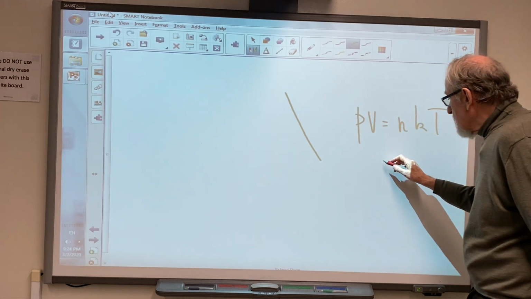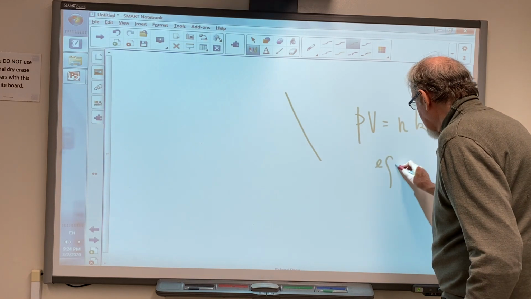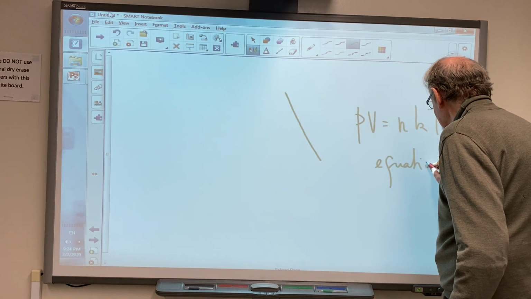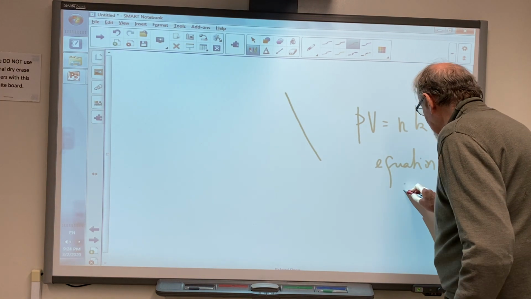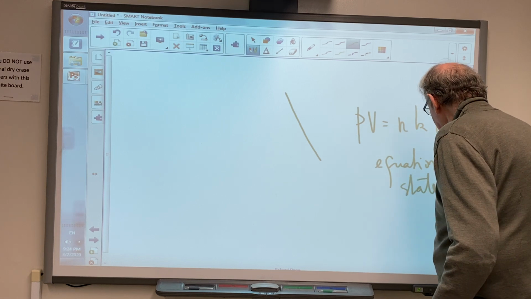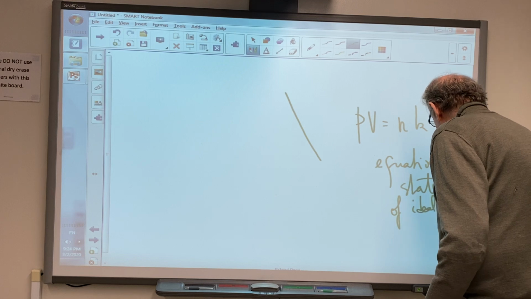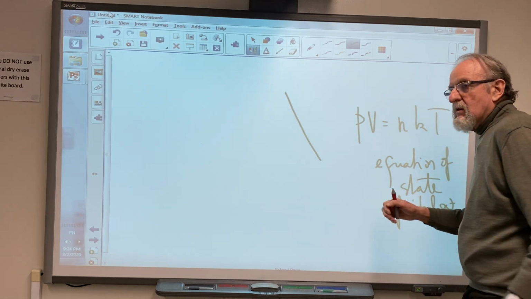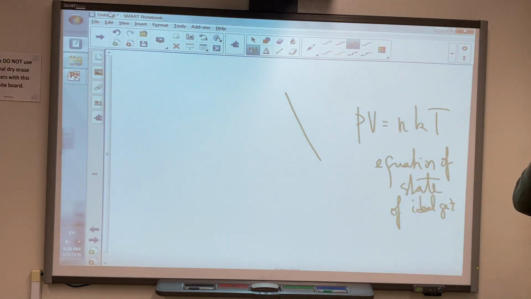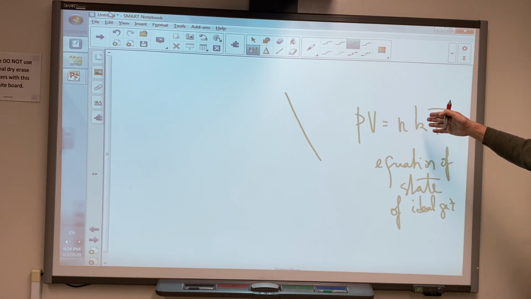This is called the equation of state of an ideal gas. You probably saw it in Chemistry 101 as Boyle's law, and many people were associated with that.